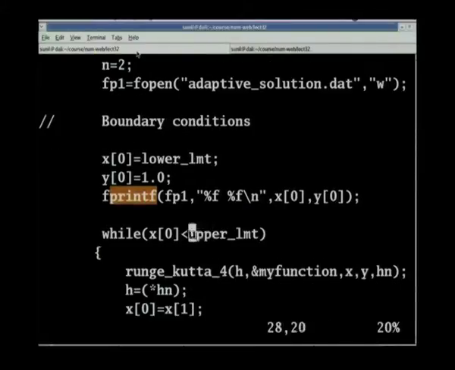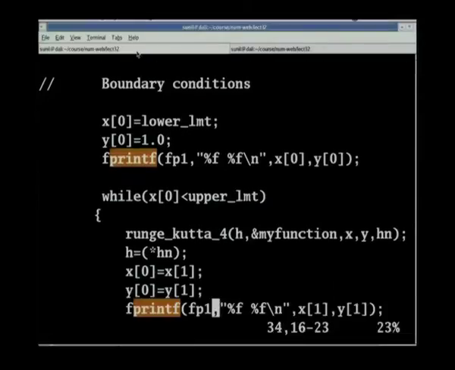We start from x0 in this program, and then we call this Runge Kutta order 4, which will return the y value at the next point, and what the next point is will be determined by what step size it uses. We start with some x0 as the lower limit and the y value, which is the boundary condition, y0 is 1.